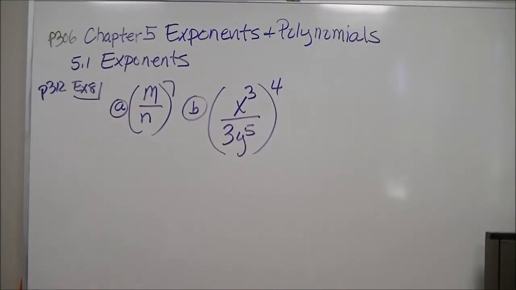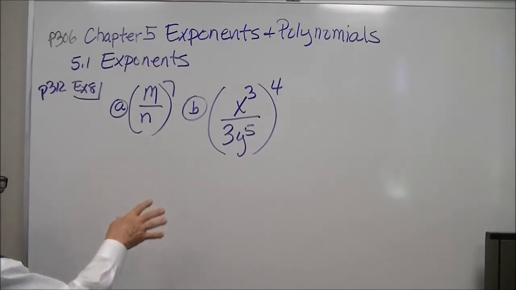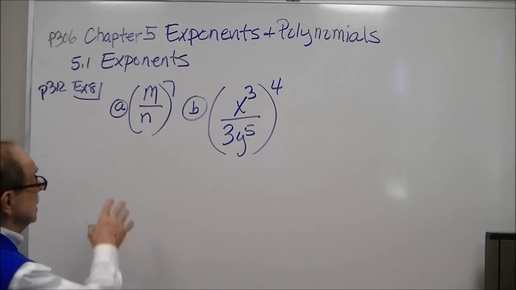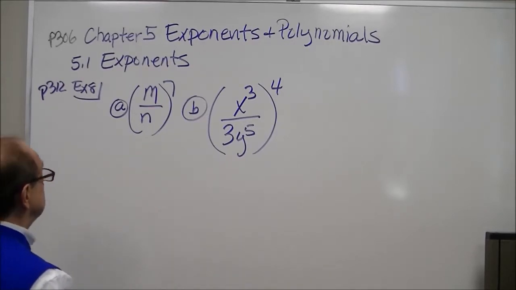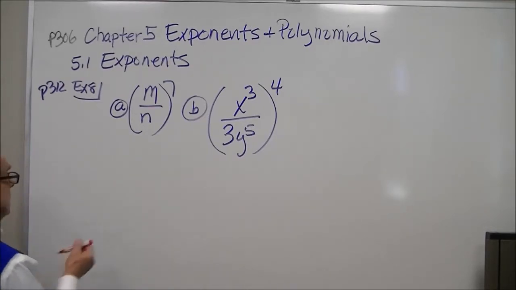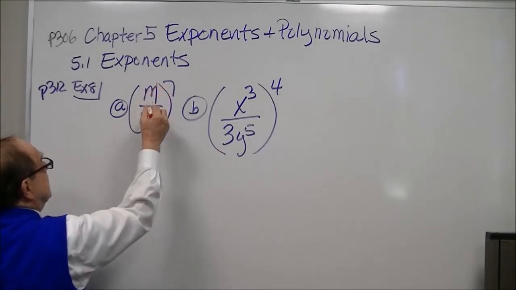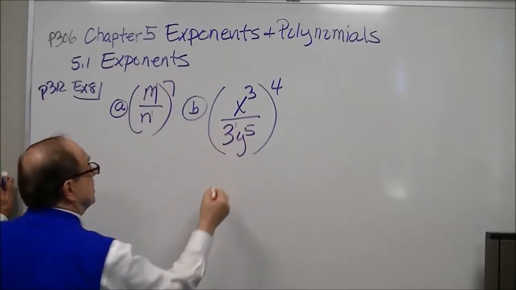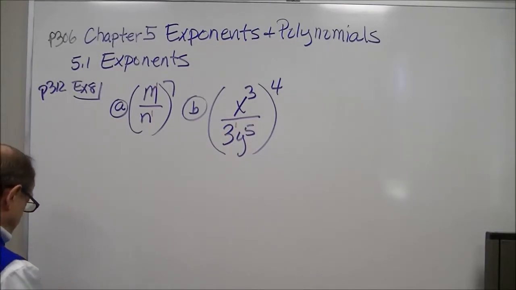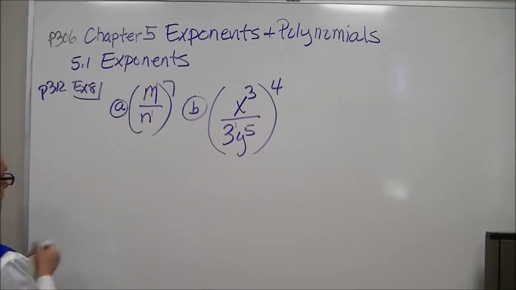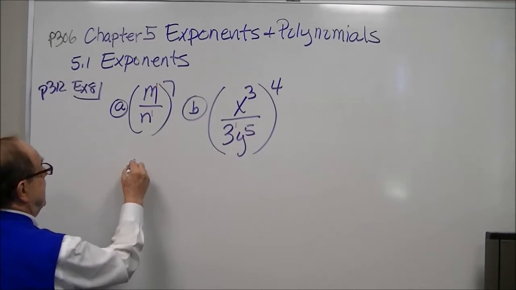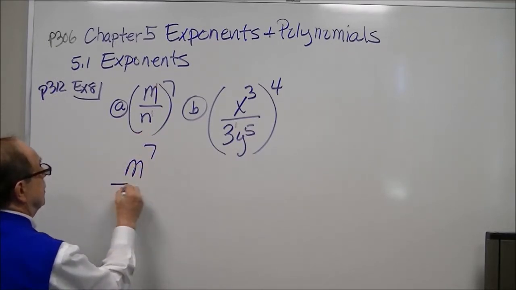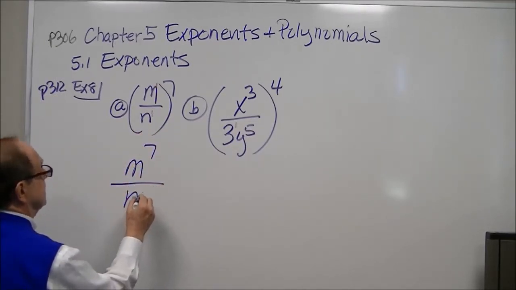And again, we're just moving along, giving you the strategy for dealing with different configurations of your algebra, keeping in mind that this has an exponent of 1, this has an exponent of 1. Again, we don't write them. So this will be m to the 7th over n to the 7th.